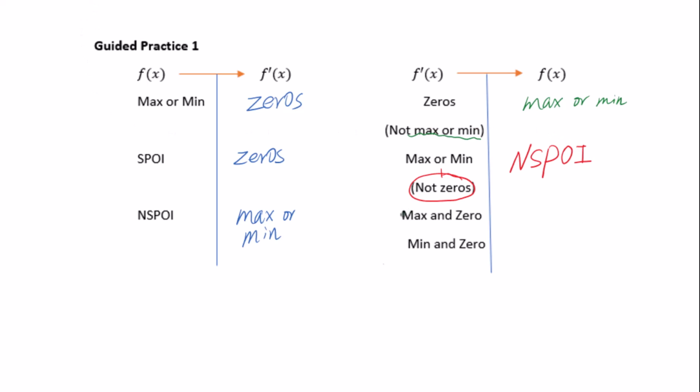If the point is a maximum but also 0 like this, or a minimum but also 0, it will be the stationary point of inflection of f of x.